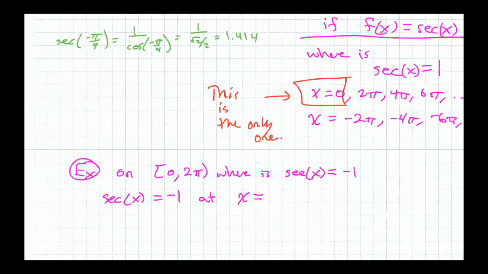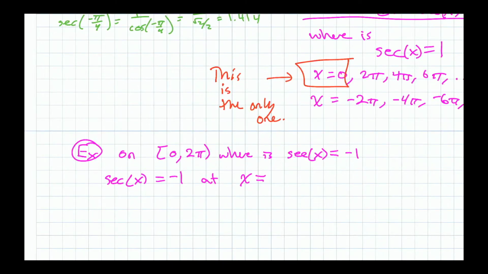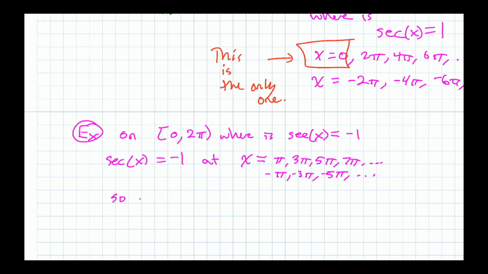Those are the values where it's negative 1. It's all the odd multiples of pi. So it's pi, 3 pi, 5 pi, 7 pi, etc., and also negative pi, negative 3 pi, negative 5 pi, etc. All of those. So if you're answering the question in 0 to 2 pi though, which ones of those are in between 0 and 2 pi?